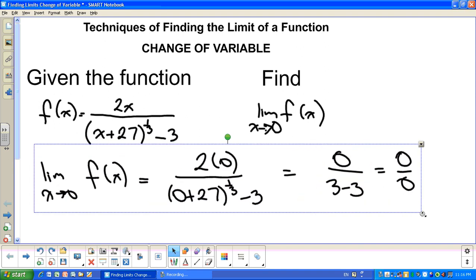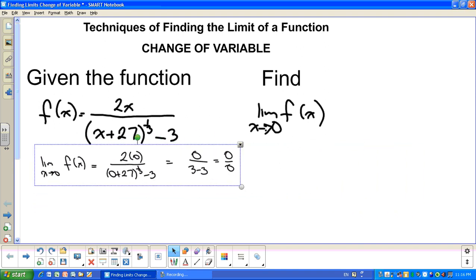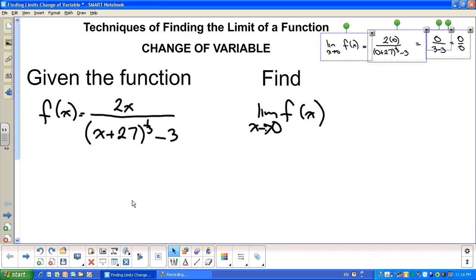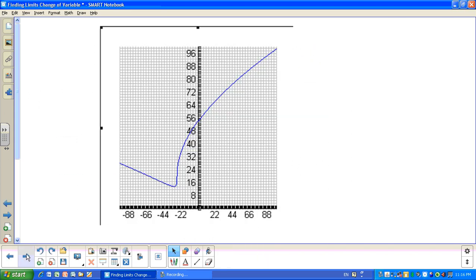Now, let's move this out of our way. We will take a look right now at the graph of this function. The graph of this function was generated using technology, and I recommend you do that on your own. What do I notice?